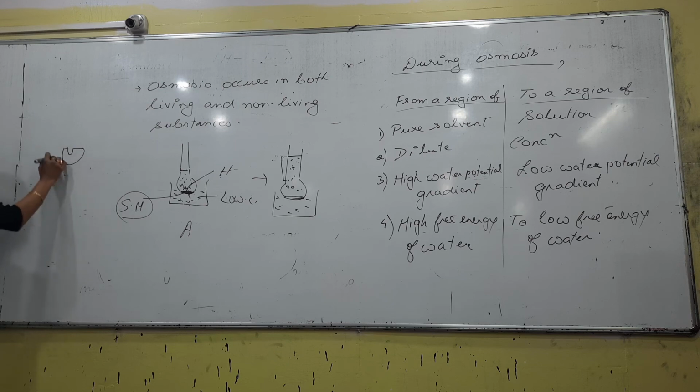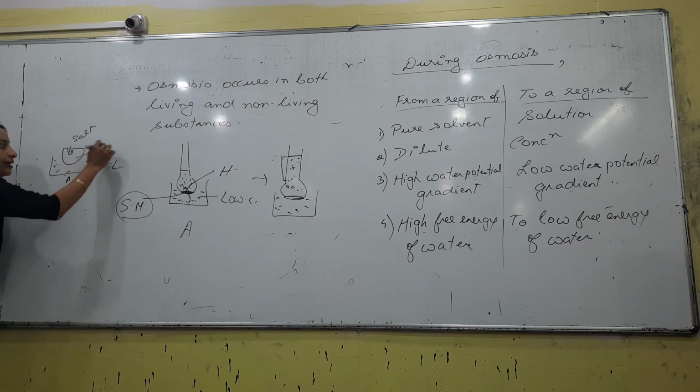Dig a cavity and put it in liquid, right? In the cavity, what did we put? Salt. This was the first step. This is the low concentration and this is the high concentration, low to high.